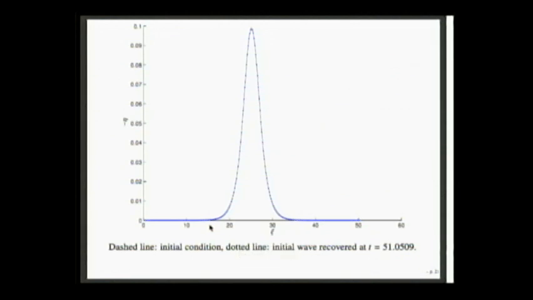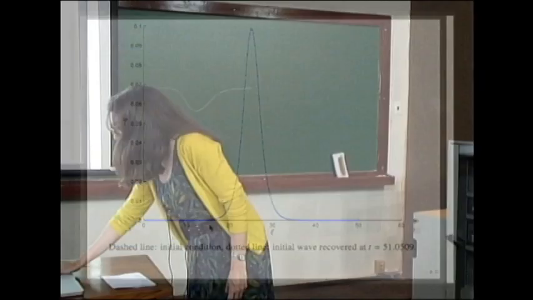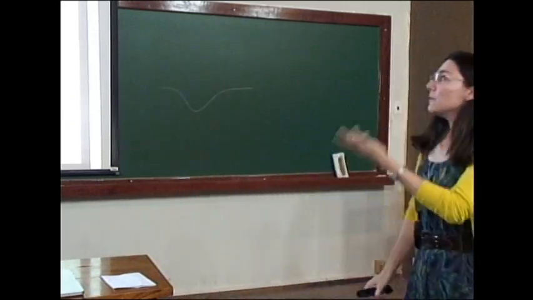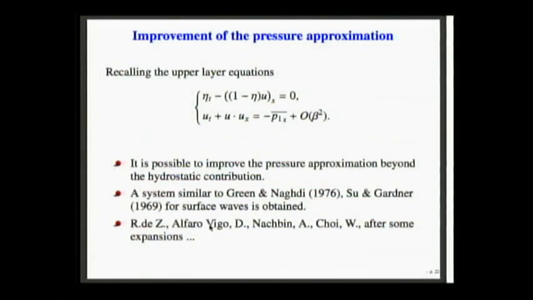I will not talk about the numerical method, but it is the method of lines with spectral computations in Fourier space. Now, it is possible to improve that model, recalling this is the model when the pressure isn't approximated yet.